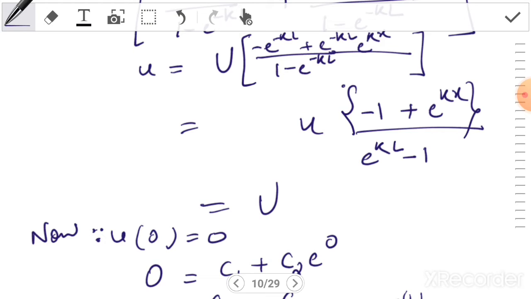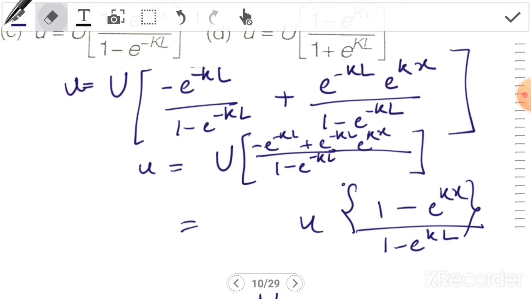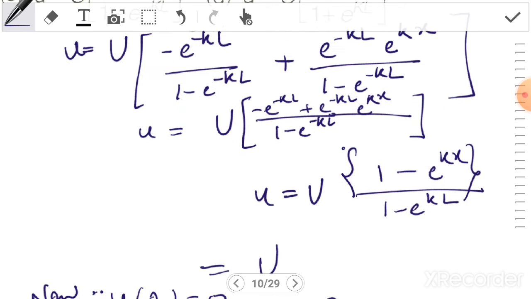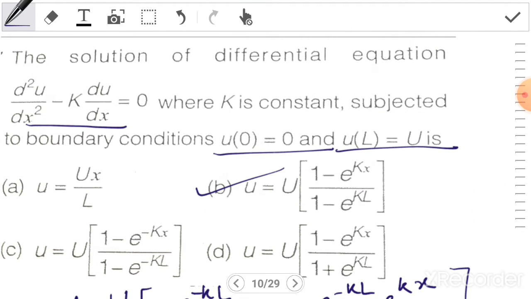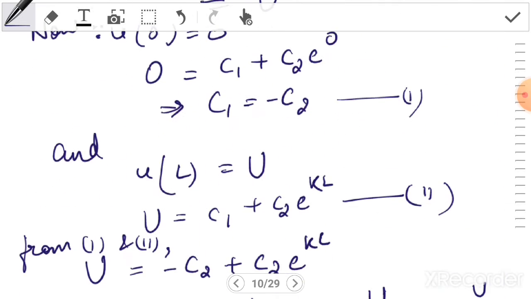If you take minus common, this will be minus and this will be 1 minus e power kl. So now we have got the final answer. This is capital U. So this is the answer. So B is the right answer. Let us go to the next problem.